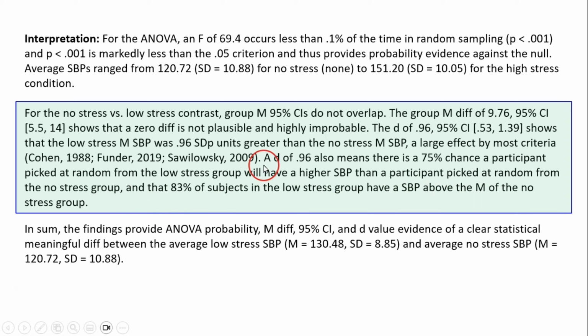So in these last two sentences, in reference to the d value, I'm doing the probability of superiority, and I'm also doing another calculation that can be done so that the readers can get a good handle on the meaning of your effect size.